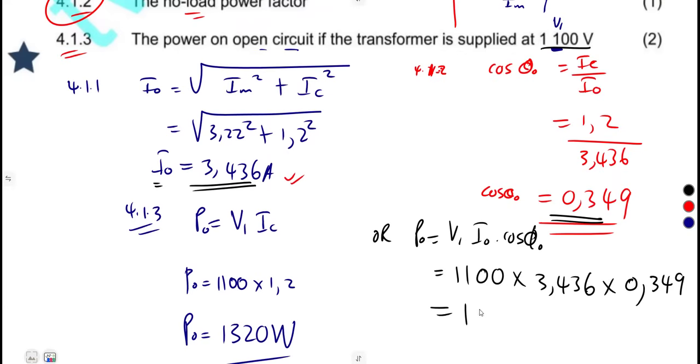So definitely it's going to affect our answer: 1319,08 watts. So that's another formula that you could have also used, even though it's just a slight difference that you're going to see at the end from these two calculations.